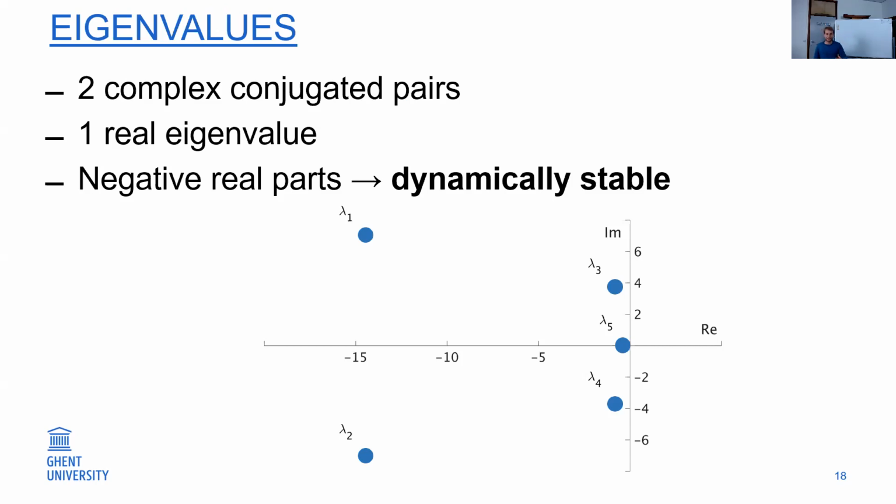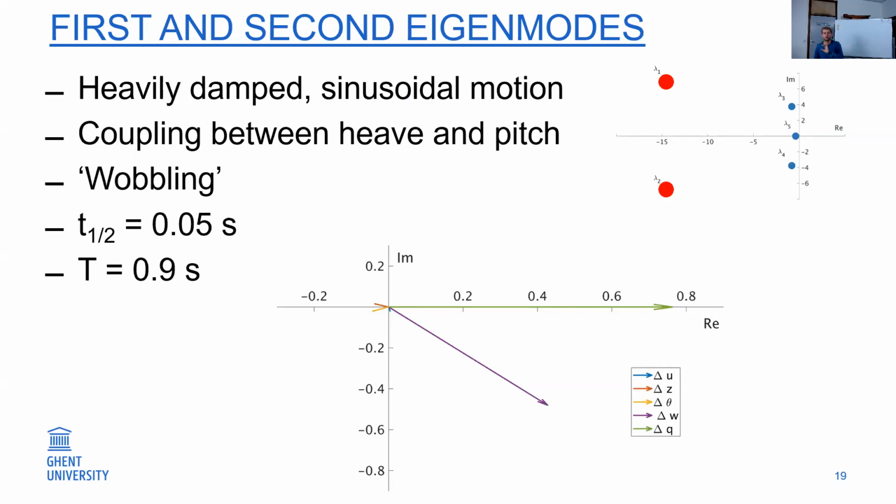Now, if we look at the eigenvectors assigned to each of these eigenvalues, for example the first and second eigenvalue, lambda 1 and lambda 2, a complex conjugate pair with a negative real part, we see in the eigenvector plotted below that it's a coupled motion between pitch and heave. So it will lead to some kind of wobbling motion, which is heavily damped, because it has a very negative real part. So it will be damped out quite quickly.